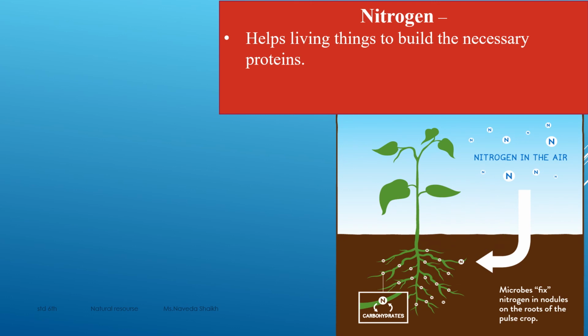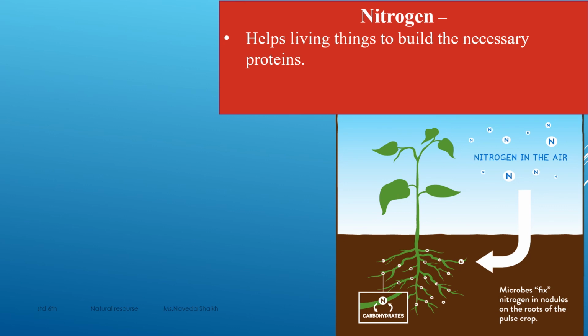Here you can see a plant which is getting nitrogen from the atmosphere. Plants absorb the nitrogen and utilize it to produce proteins in them. And this protein is then taken up by the animals or by humans.